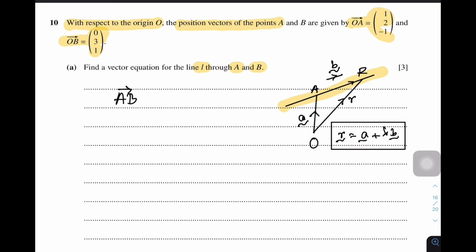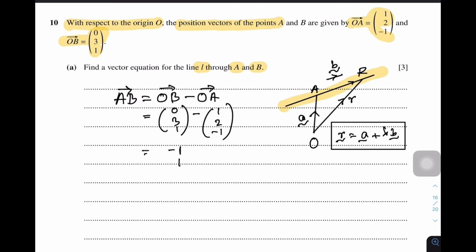We know that AB equals OB minus OA. So let me substitute OB is (0, 3, 1) and OA is (1, 2, minus 1). Subtracting: minus 1, 3 minus 2 is 1, 1 minus minus 1 is 2.